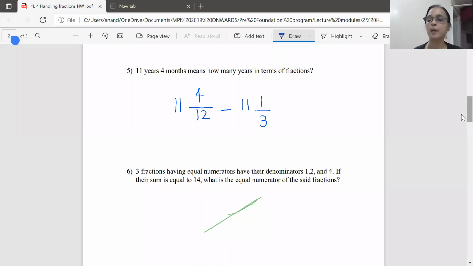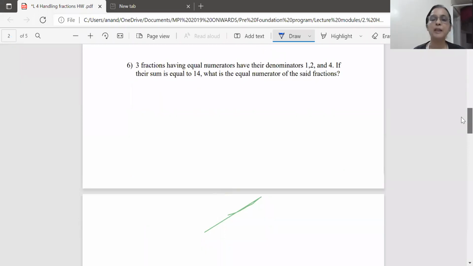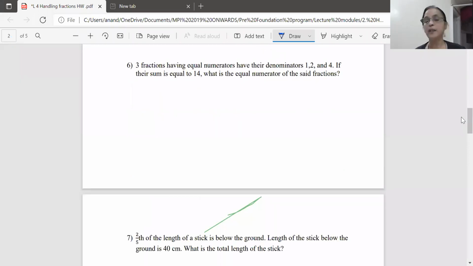But the idea. Now here, 3 fractions having equal numerators have their denominators 1, 2, and 4. If their sum is equal to 14, what is the equal numerator? Remember the question in our classwork where we had done 3 fractions with equal denominator.